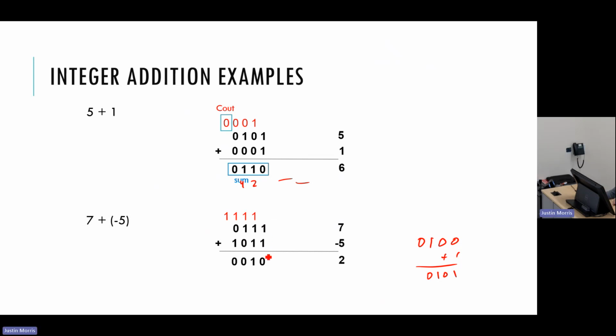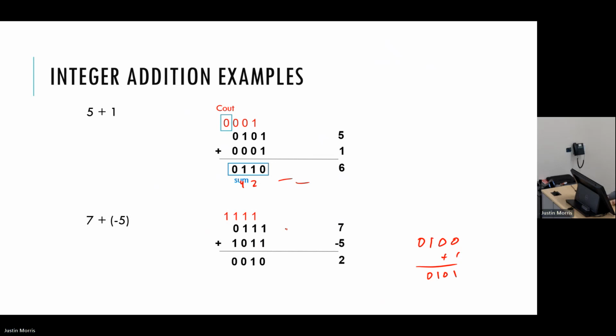So 1 plus 1 is 0, 1, right? So we carry the 1. We have a 0 at the bottom. 1, 1, 1 is 1, carry the 1. 1, 1 is 0, carry the 1. And then again, 1, 1 is 0, carry the 1.